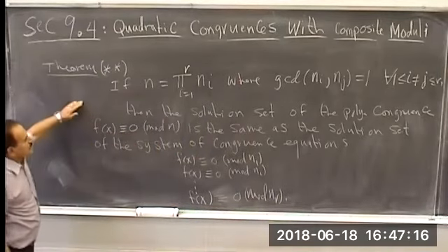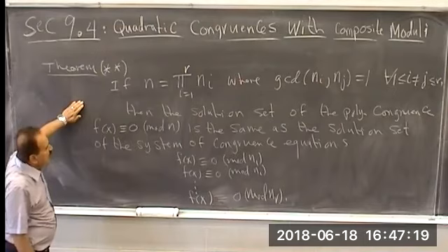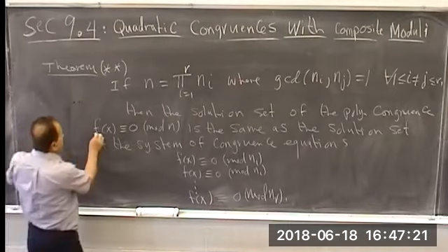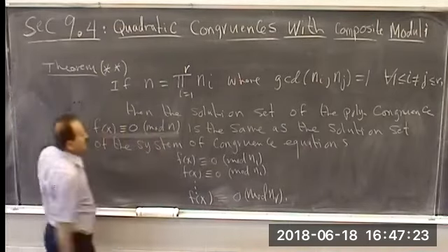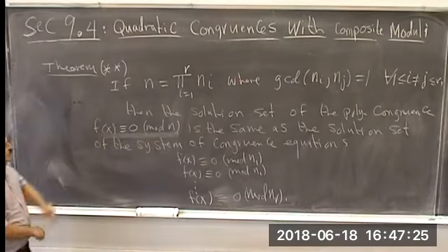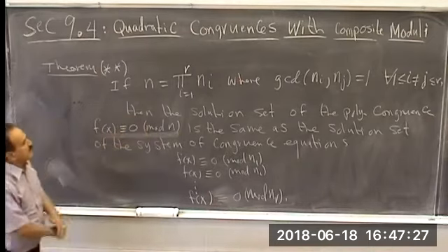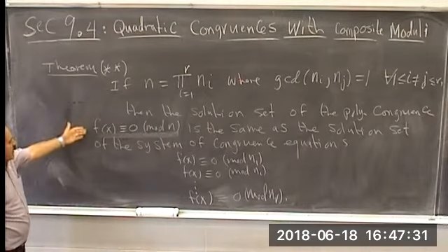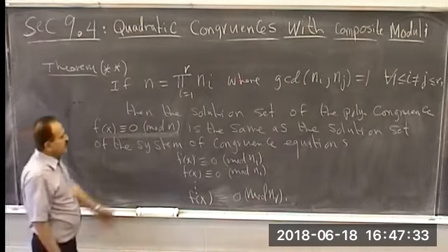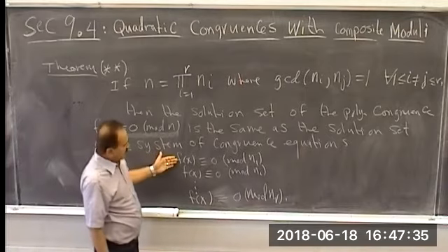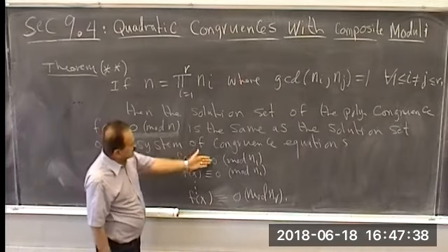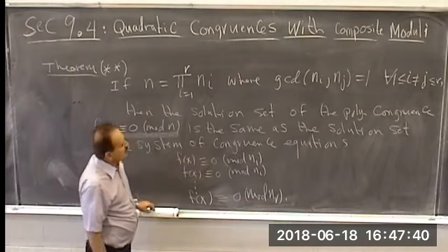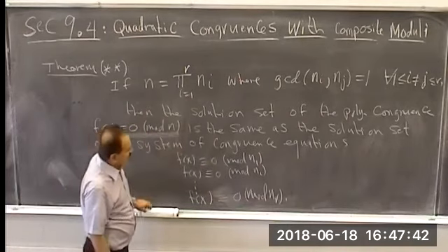Let's look at it. We have this congruence equation mod n, which is composite, basically any integer. What this is saying is that solving it is equivalent to solving simpler equations: f of x congruent to 0 mod each one of the factors of n.